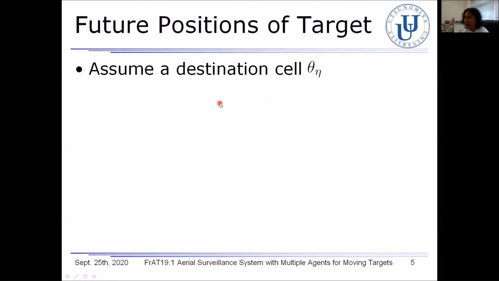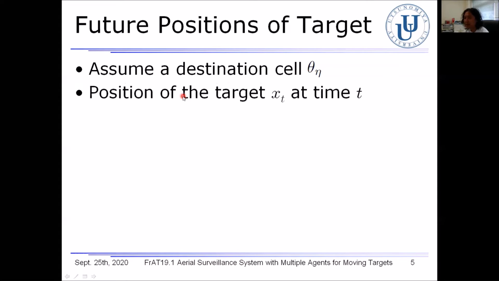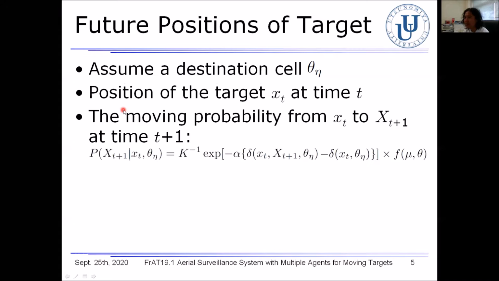For an unknown destination of the target, we first assume a destination cell, which is theta eta, okay? And at time t, the current position of the target is represented by x_t. The moving probability of the target from x_t to x_t+1 at time t is formulated as follows, as you can see here.